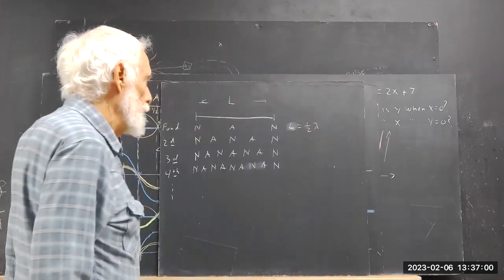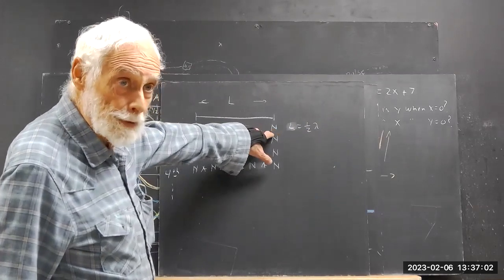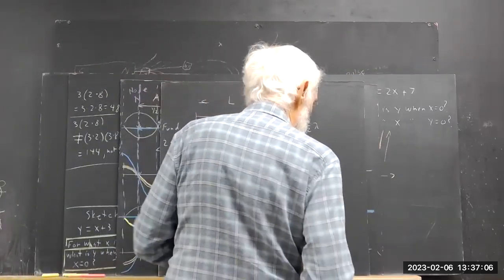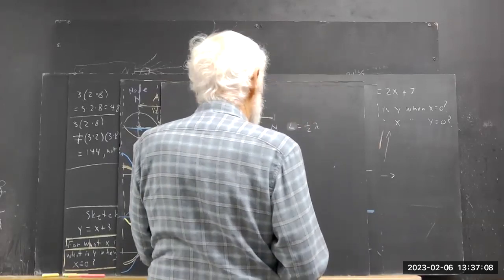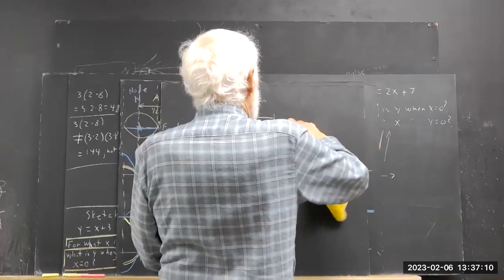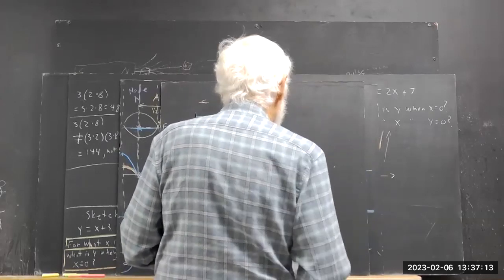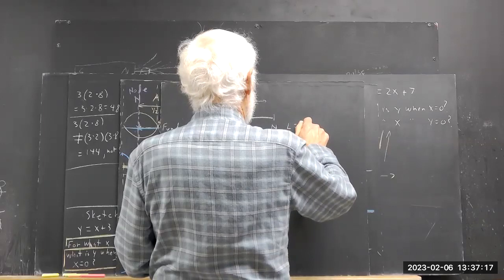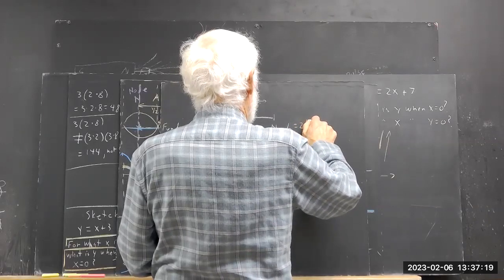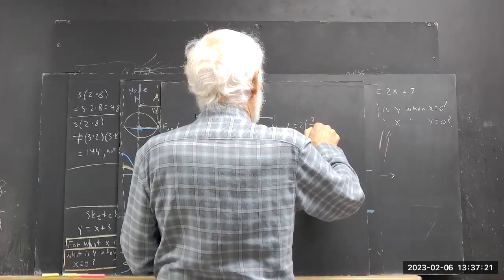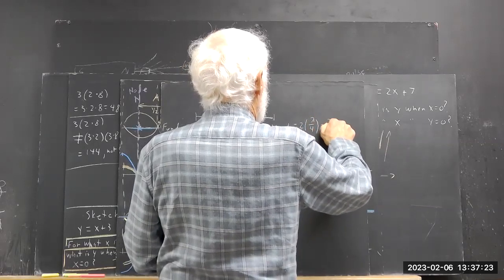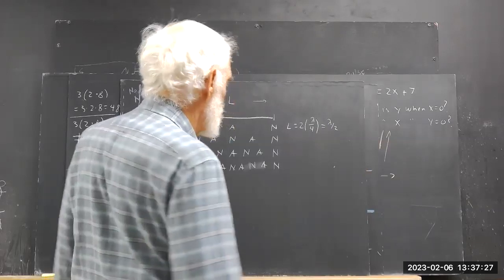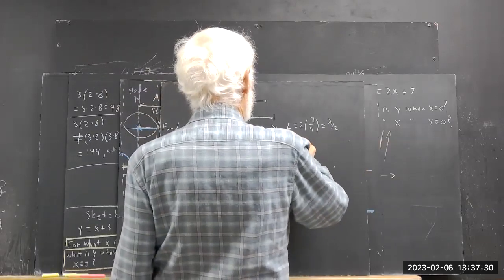L is 1/2 that because that's a quarter wavelength and that's a quarter of a wavelength. I'll make that even more explicit. It's 2 quarter wavelengths.